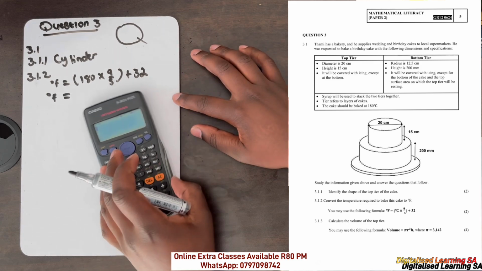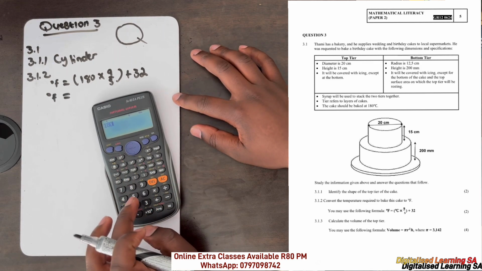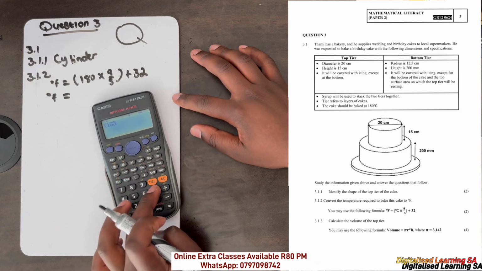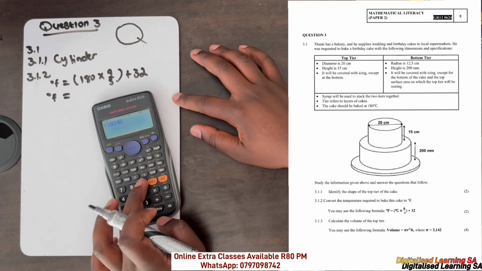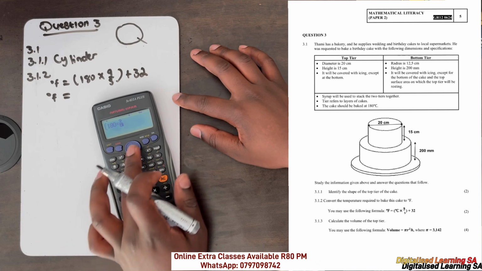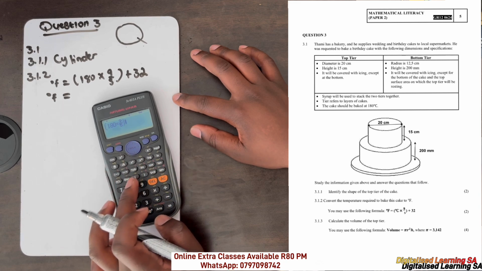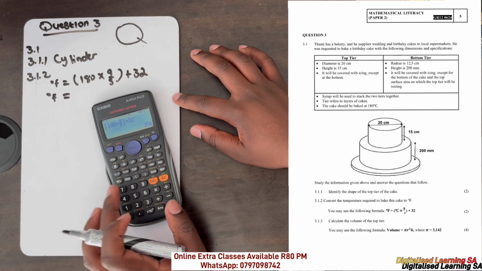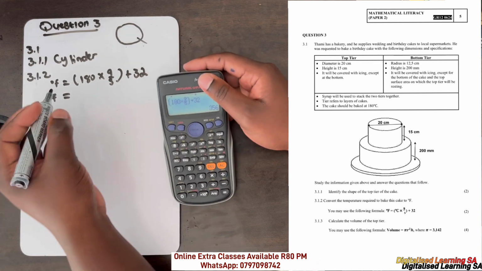These are free marks, guys. So it will be 180 multiplied by 9 divided by 5 plus 32, and the answer will be 356.